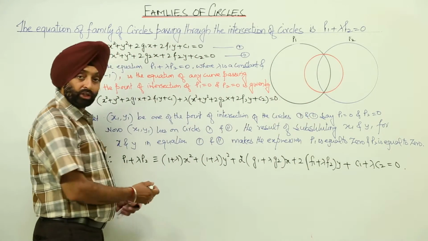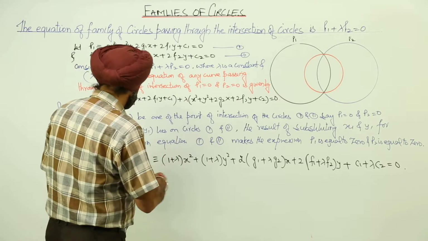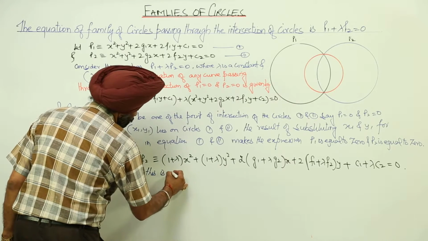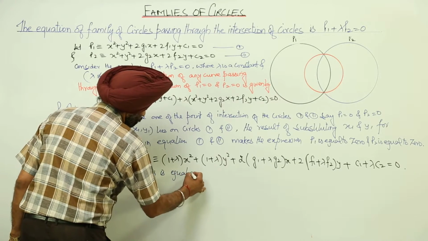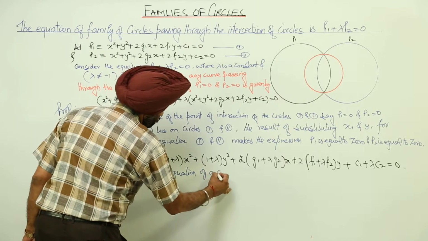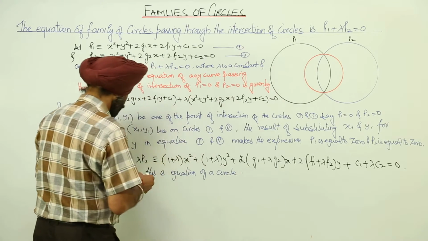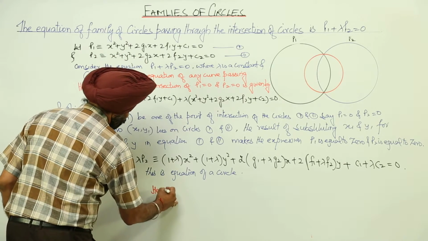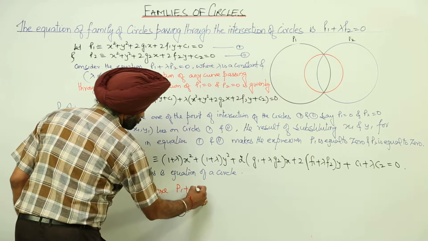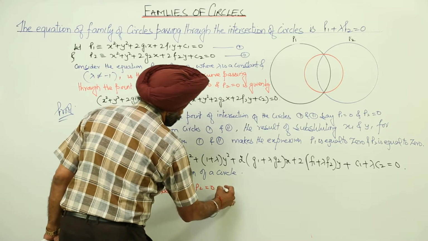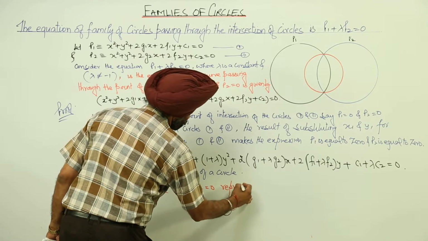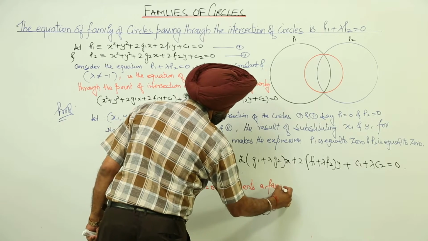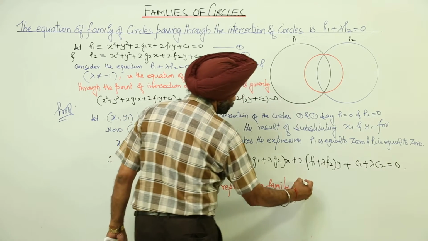This we are getting, this is the equation of a circle. Hence P1 plus lambda P2 is equal to 0 represents a family of circles.